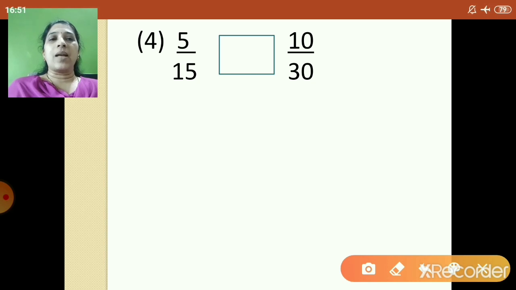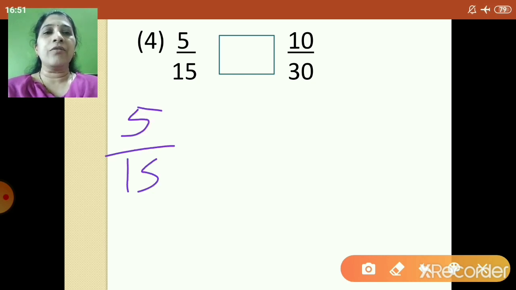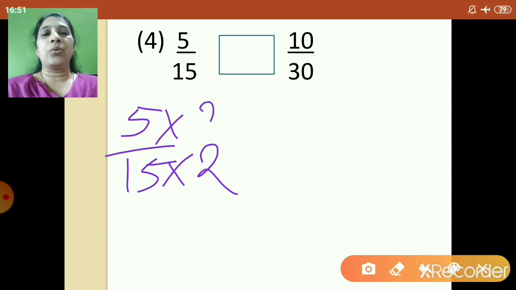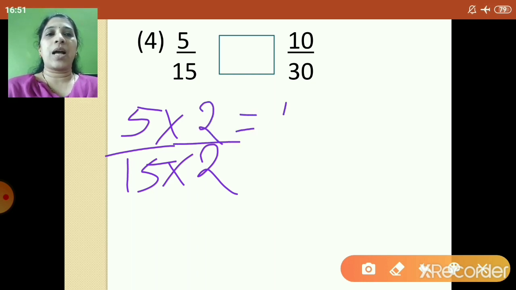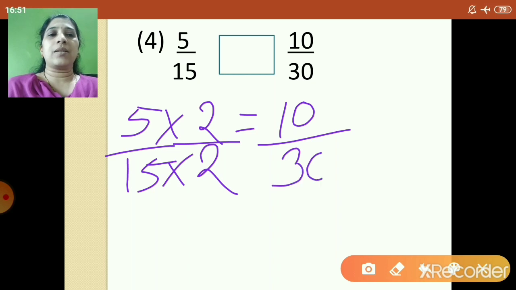So what we will do? We will keep 10 upon 30 as it is and we will only convert this fraction, 5 upon 15, right? So you will write 5 upon 15. 15 how much are 30? 2s are 30. So 5 into 2 upon 15 into 2. What is 5 2s? 5 2s are 10. And what is 15 2s? 15 2s are 30.